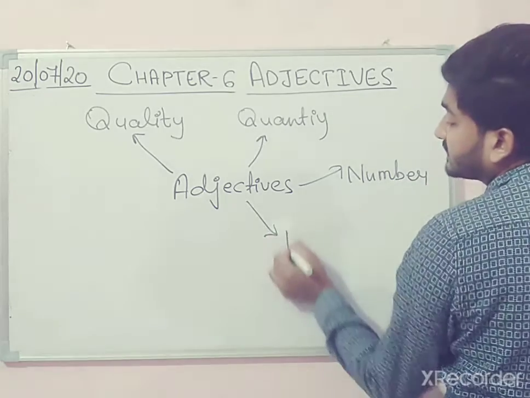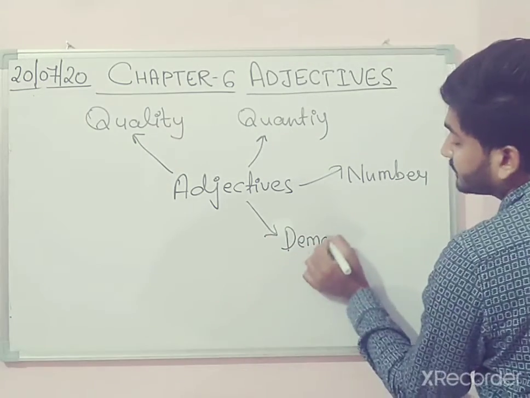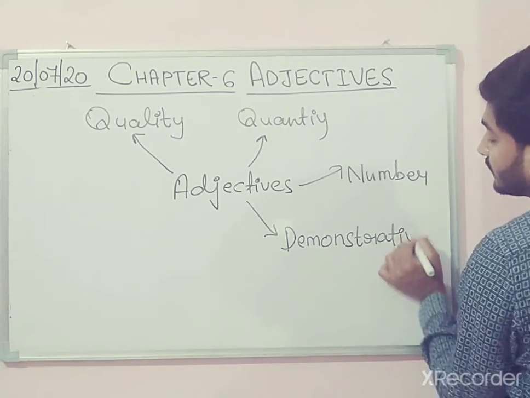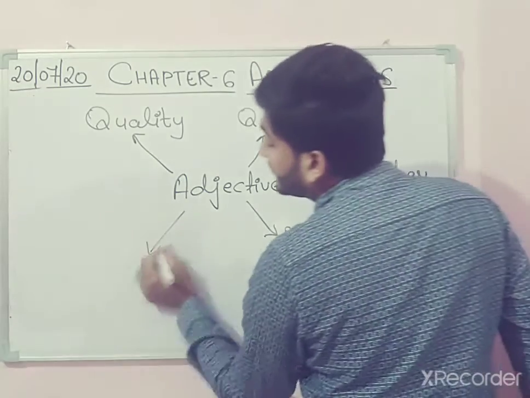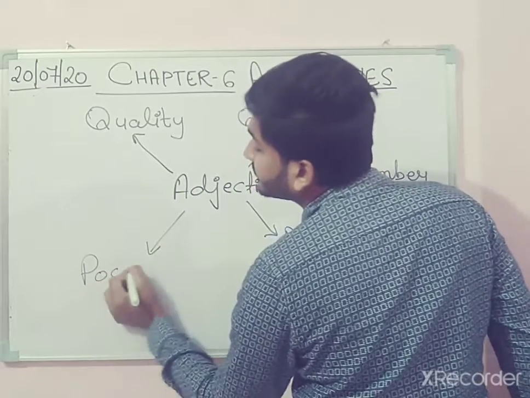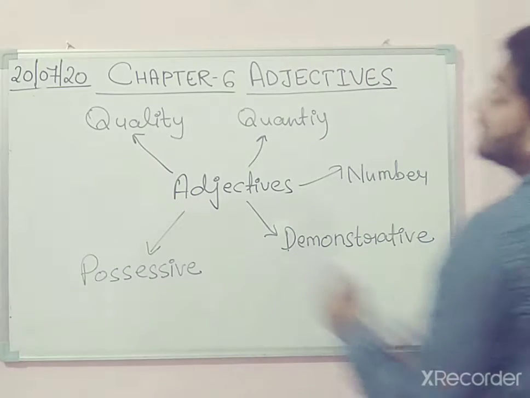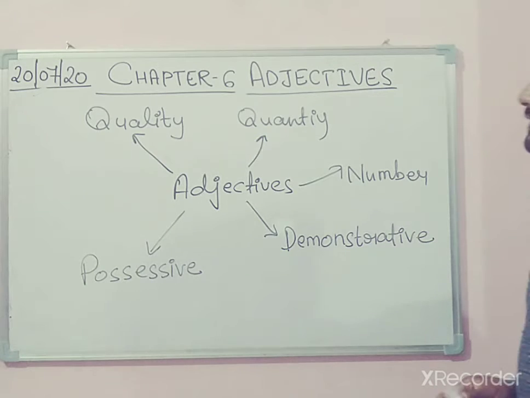Number 4 is demonstrative. And number 5 is possessive. Okay, adjectives of quality, adjectives of quantity, adjectives of number, demonstrative adjective, and the last is possessive adjectives.